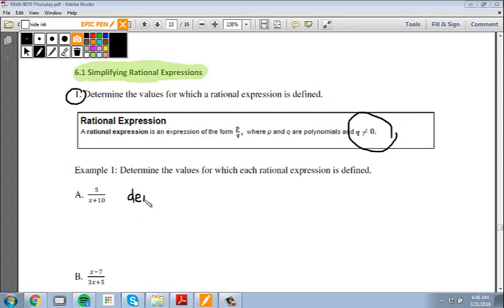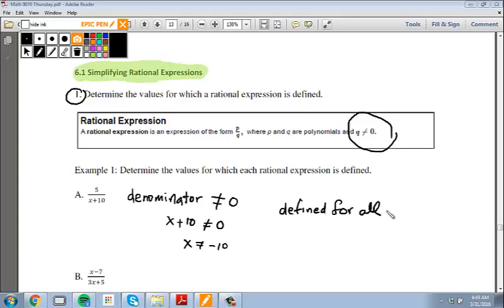So we have the denominator of this 5 over x plus 10 cannot equal 0. So x plus 10 cannot equal 0. And so if we subtract the 10, we have x cannot equal negative 10. So this is defined for all real numbers except negative 10.